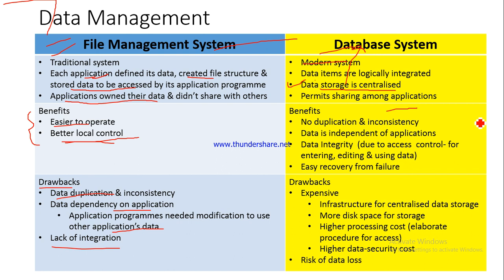We saw in file management system the name could be spelled in different manner in two different places. I hope you remember the example. But this would not be the case here, because the data is being entered only once. The name is not going to be entered again and again. It is going to be entered just once. So once you have gone there and you have got your saving bank account opened, the name was entered.